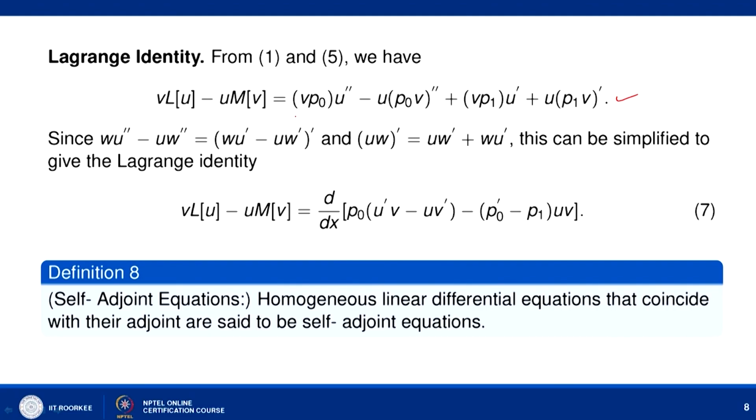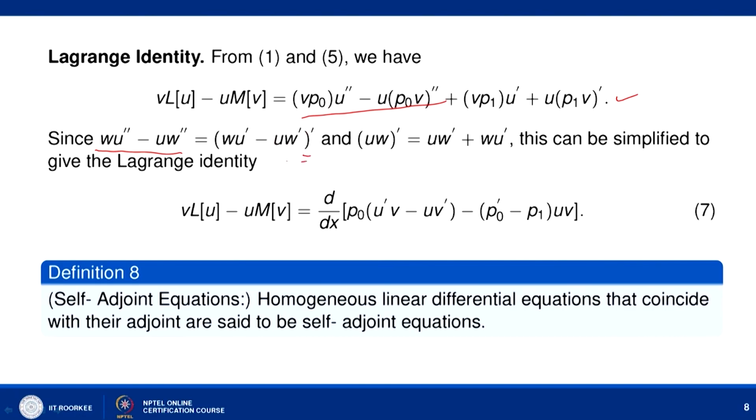Now let us look at this term here: V P0 U double dash minus U P0 V double dash. Here we use this identity: W U double dash minus U W double dash can be written as W U dash minus U W dash, whole dash. How can we write it?